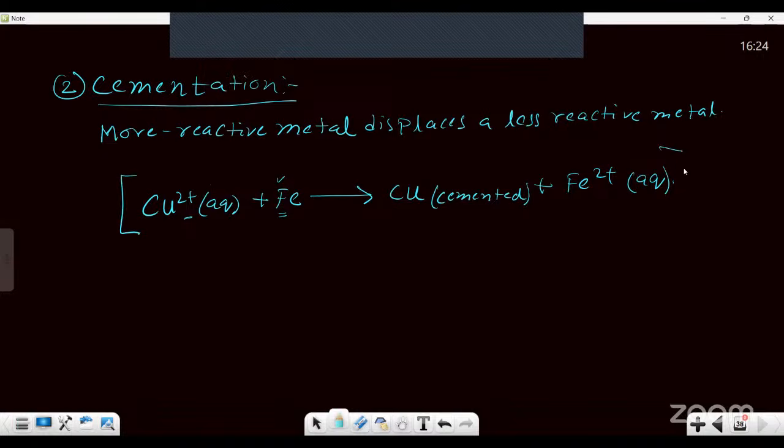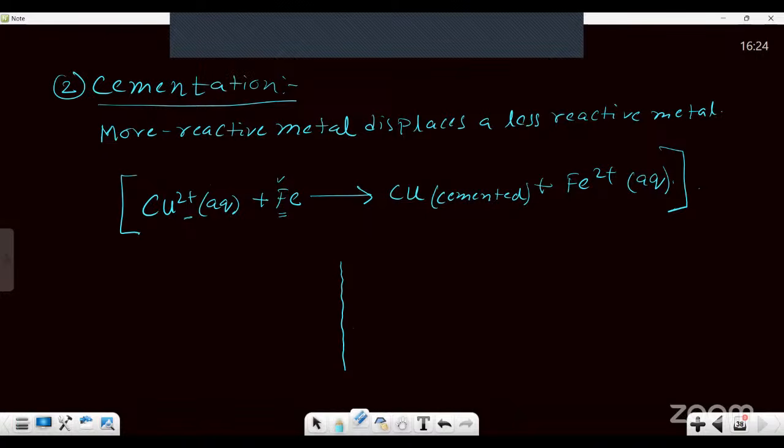So in cementation, there are two things involved. One is the surface. Suppose this is the surface of the metal.